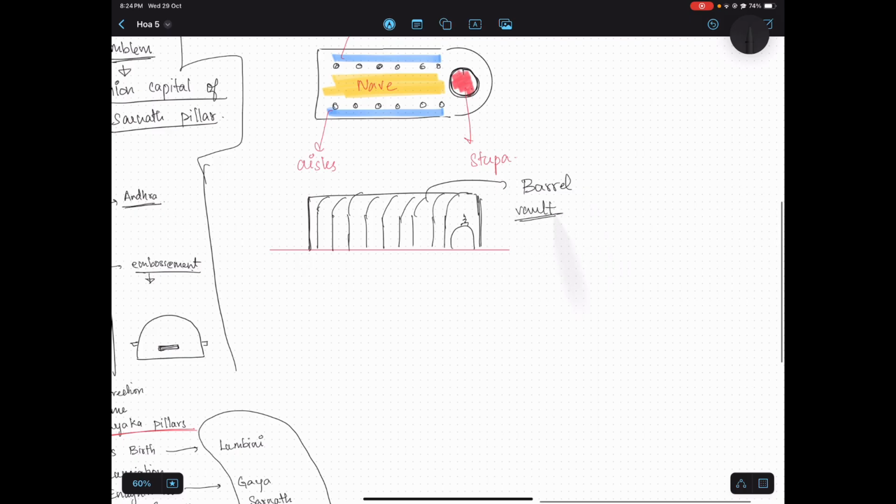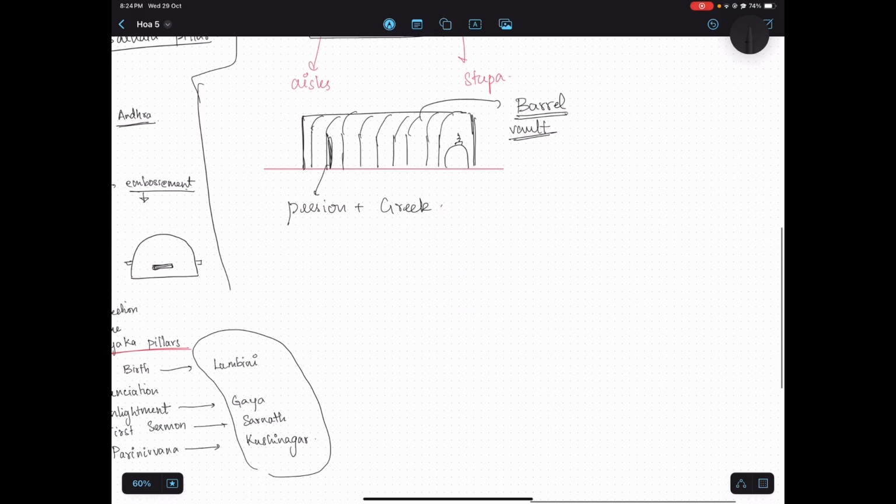Inside, all these columns had a mixture of Persian and Greek to it. So they had a vase shaped base with an octagonal shaft and some animal capital.